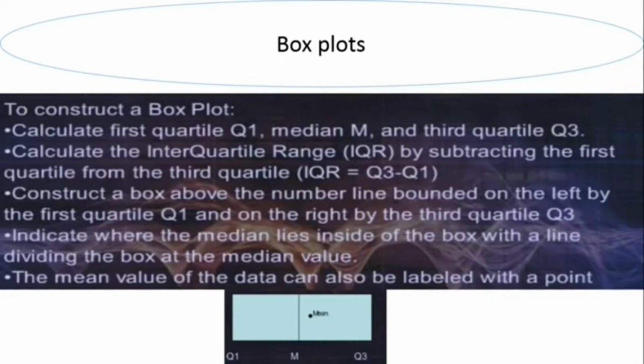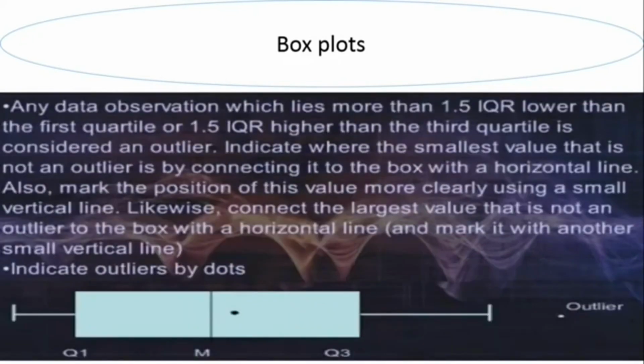Any data observation which lies more than 1.5 times the interquartile range below the first quartile, or 1.5 times the interquartile range above the third quartile, is considered an outlier.